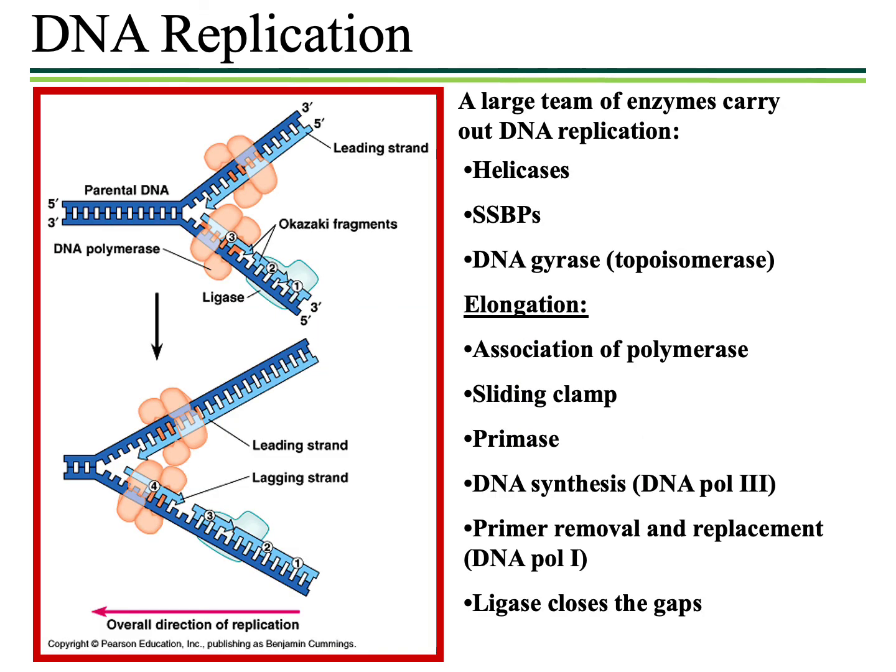What this figure does is try to put together all of those pieces of the puzzle that we just talked about. So what we have is a number of enzymes that are playing a role in the DNA replication process. Helicases are involved in unwinding the DNA, and that has to occur throughout the entire DNA synthesis process.